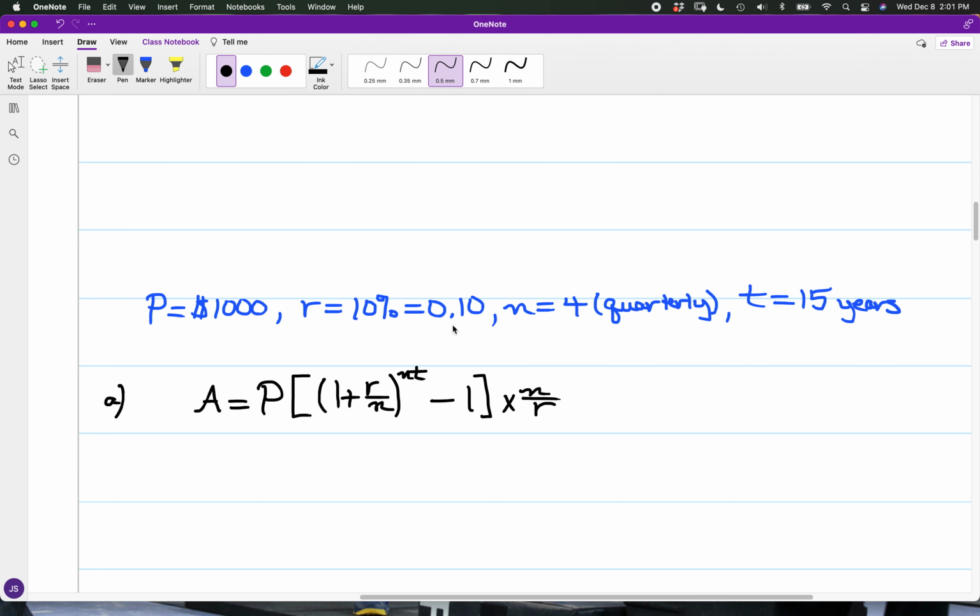So 10% is 0.10, and for quarterly compounding as well as quarterly contributions, n is equal to 4, and the time span is 15 years.